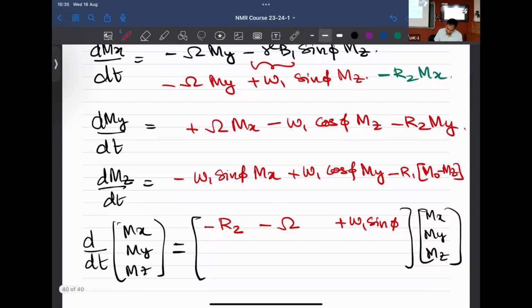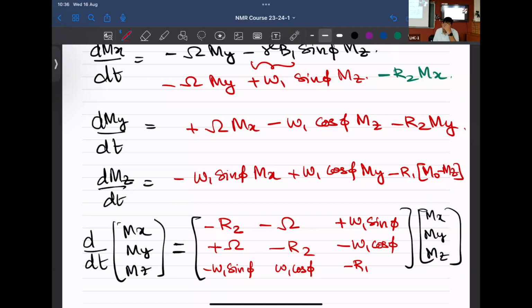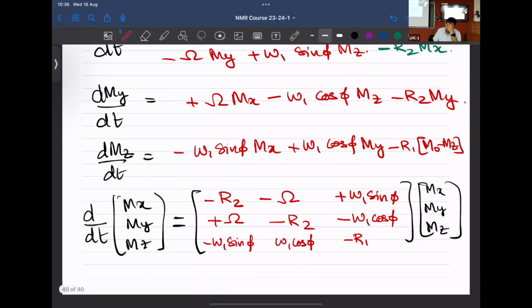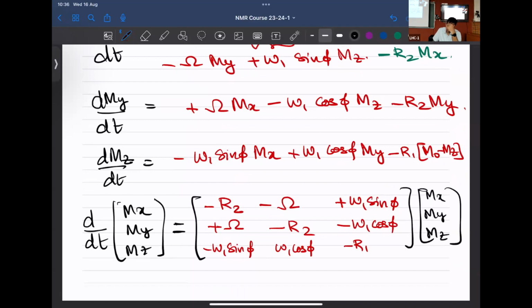Similarly, oh, I said no relaxation, but I wrote it, but we will see. Then you will end up having plus omega, minus R2, minus omega 1 cos phi. Then here, minus omega 1 sin phi, omega 1 cos phi, minus R1. And then a separate column, plus R1 M0 0 0. That's correct.